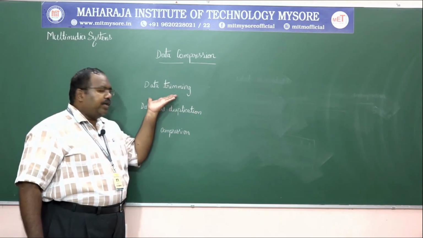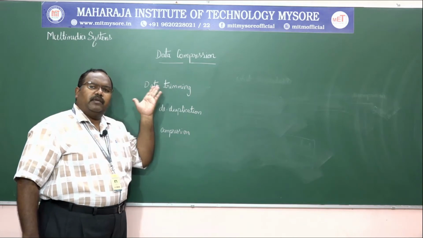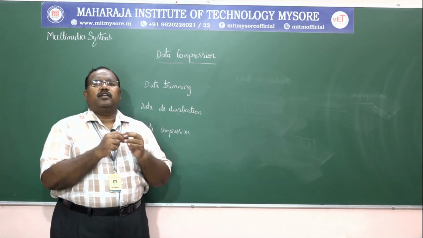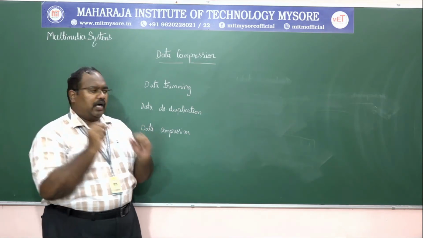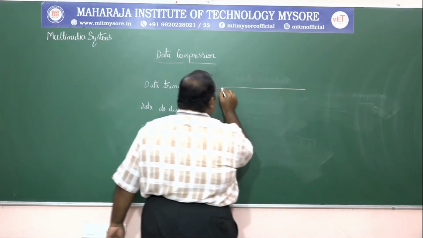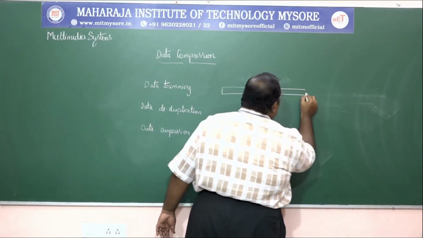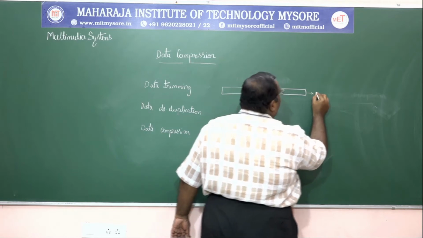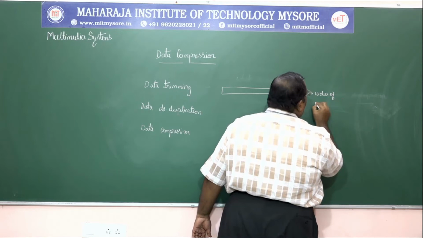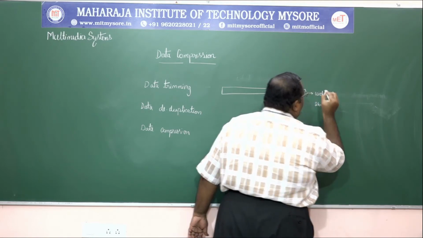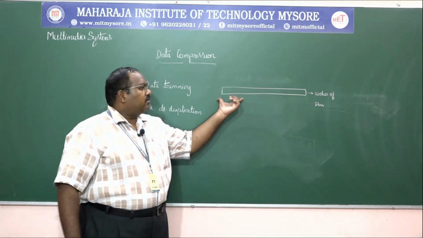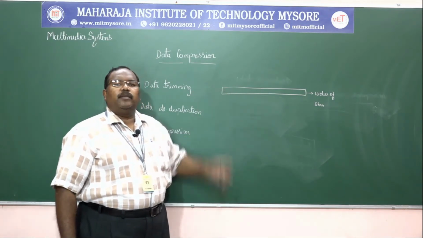So let us look into the concept of data trimming. What is data trimming? Let us take an illustration. Consider you have a video of 2 hours. Now consider this is a video stream for 2 hours. What do you mean by trimming?